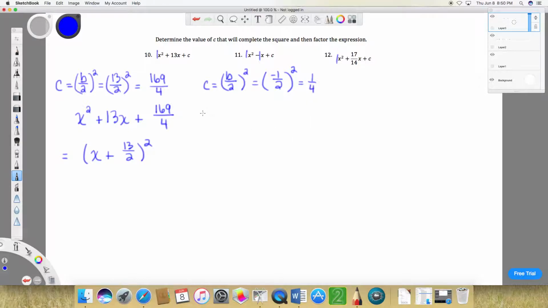So that means that if you gave me x squared minus x plus 1/4 and asked me to factor that, it would be absolutely no problem. I would just come in and say, well, x minus 1/2 quantity squared, because b over 2 is negative 1/2, because this was a 1, and I always take half of that.